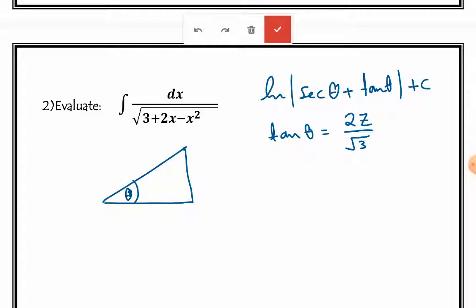So here the hypotenuse is the square root of the squares of these two sides, 3 only plus 4 z squared, correct.